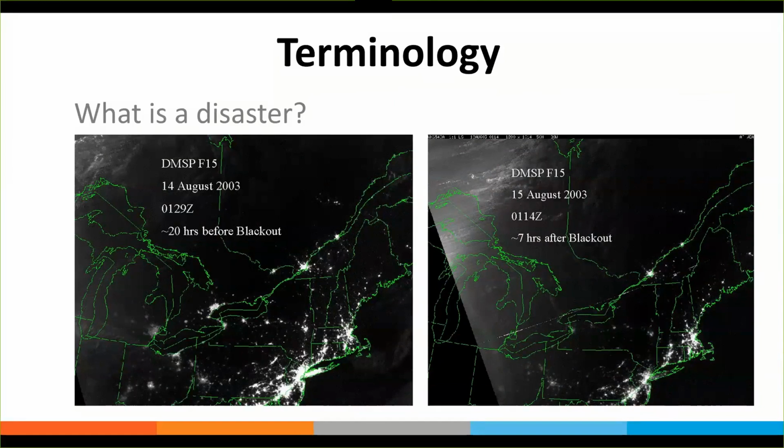My understanding is that one overload hit another substation that couldn't handle it, and because the infrastructure didn't have sufficient backups, it just cascaded and took down the entire eastern seaboard. Seven hours after the blackout, from space, you can see how little light there was left on the eastern seaboard.